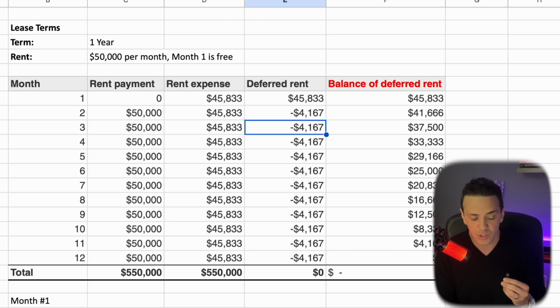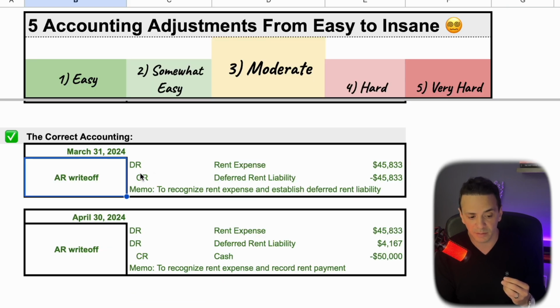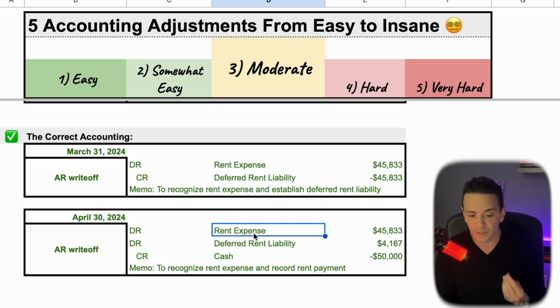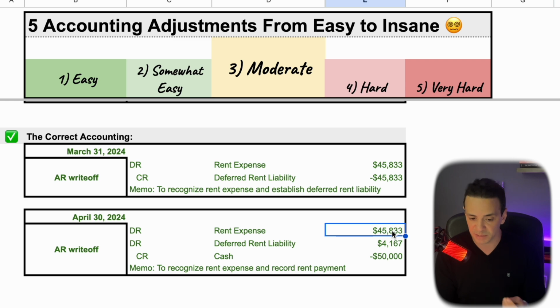Your journal entries would be in the first month, so the first month of March 2024, a debit to rent expense of $45,000, and a creation of the deferred rent liability of $45,000, which is the difference between the cash payment and the rent expense. And then you go ahead in April and create a journal entry that says debit to rent expense, always for $45,000, the same amount.